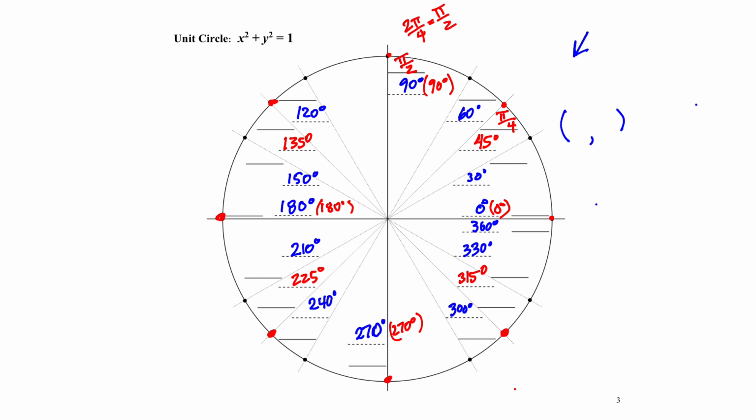But in terms of us looking at using pi over 4, this is the second pi over 4. This would be the third pi over 4, which is what we actually call 3 pi over 4. That doesn't reduce. And when we add one more pi over 4, that gives me 4 pi over 4, which, of course, cancels down and simplifies.